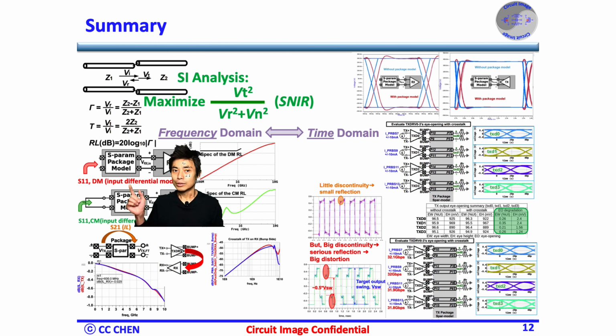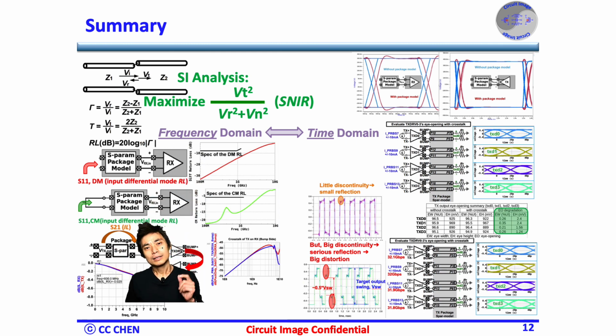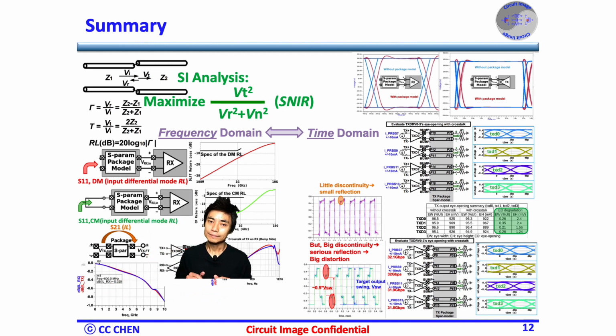Therefore, most protocols have the specification to require the ecosystem to follow the differential mode and common mode return loss as well. But the insertion loss and isolation or crosstalk will depend on different system requirements to meet the corresponding link budget.